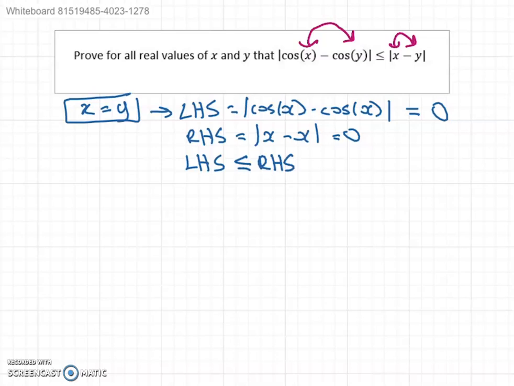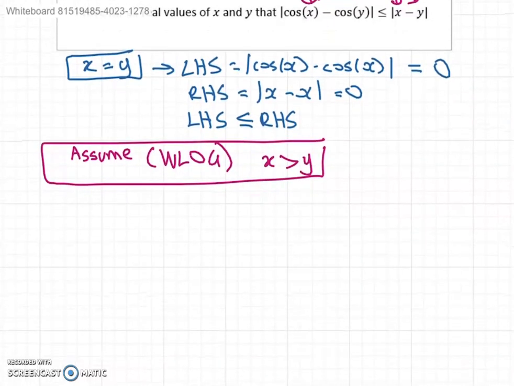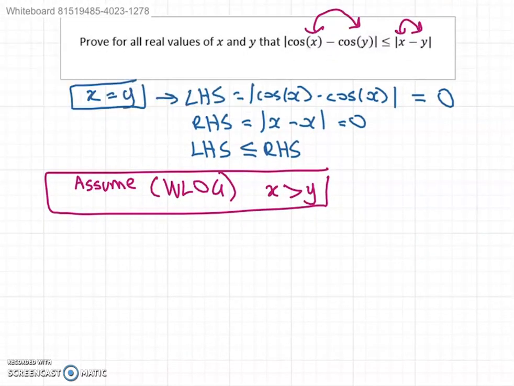This means we can assume without loss of generality that x is greater than y. So this is the second case, when x and y are not equal.